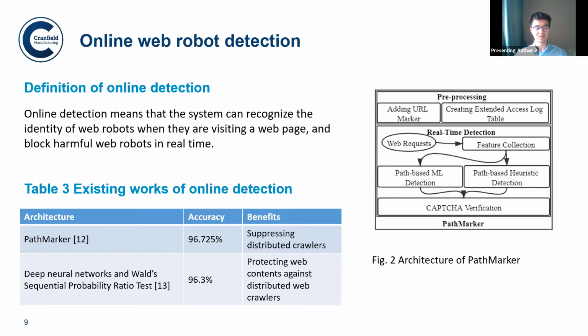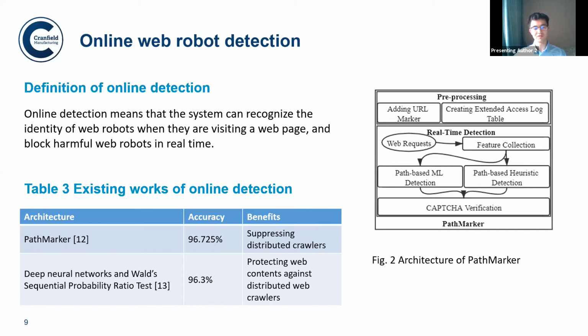Since this method has been proposed for a short period of time, there's currently no commercial application. Its performance is only based on experiments. Judging only from the test accuracy given in their works, these systems are not as accurate as offline detection systems. This means that there is room for improvement.